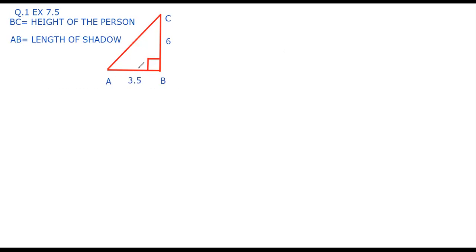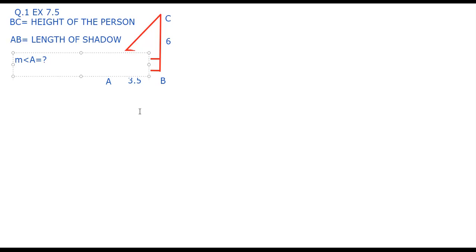Which angle? If you look at the diagram, the angle of elevation will be like this. This part is the angle, some sort of theta. This is the required one. So we will write measure of angle A, this is the required angle that we have to find, fine.